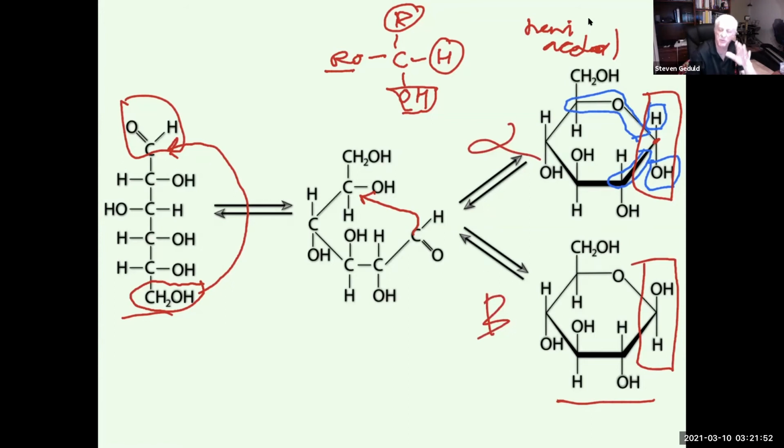Because when the ring forms and closes upon itself, half the time the O is going to go up, half the time it's going to go down. So it forms an alpha or beta for the sugar group. So we're forming these sugars from these linear structures. It's going to form a hemiacetal if this is an aldehyde, and it's going to form a hemiketal if this is a ketone.